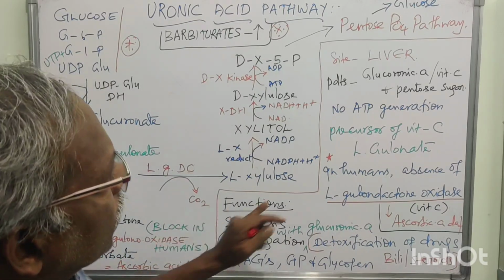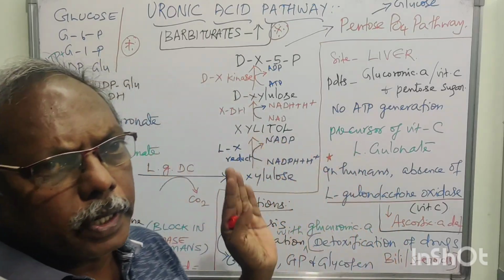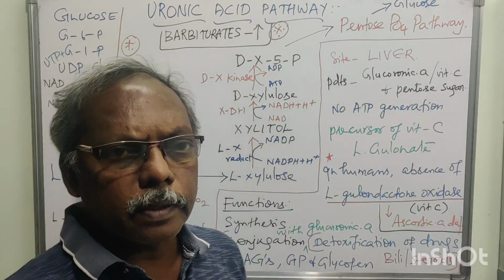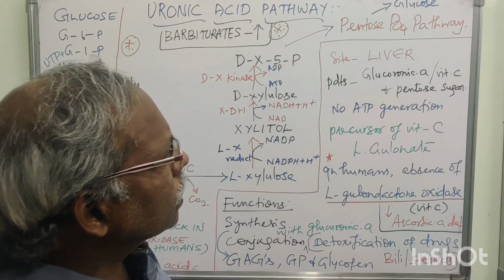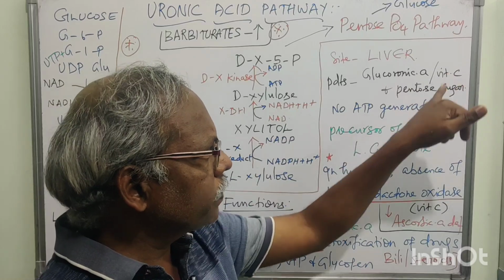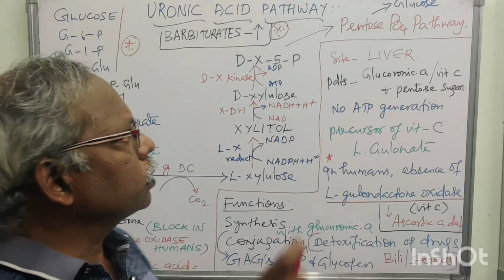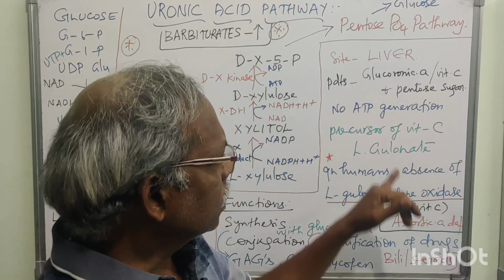Next, what are the MCQs or theory points we have to write? First, what is the site of this pathway? Usually the liver. What products do you get in this pathway? First glucuronic acid, second vitamin C, third pentose sugar. This xylulose 5-phosphate is a pentose sugar.